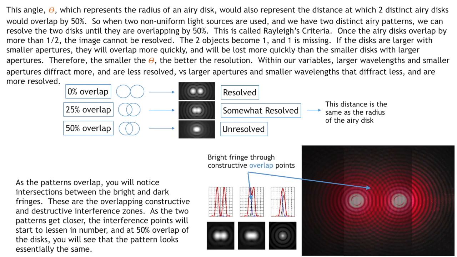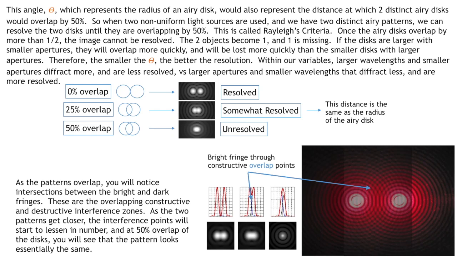So here's the depiction. You have 0% overlap with these two Airy disks, we'll say. Then there's 25% overlap. You can still somewhat resolve them. And then at 50% overlap, they become non-distinct entities and they basically merge and blur into one pattern. So resolved, somewhat resolved, to basically unresolved.